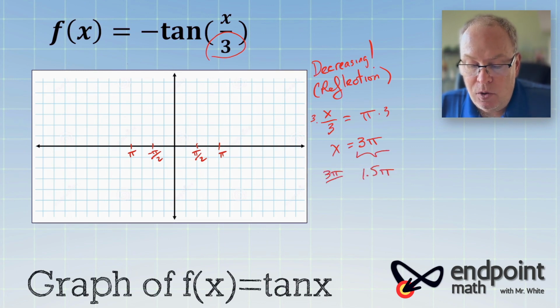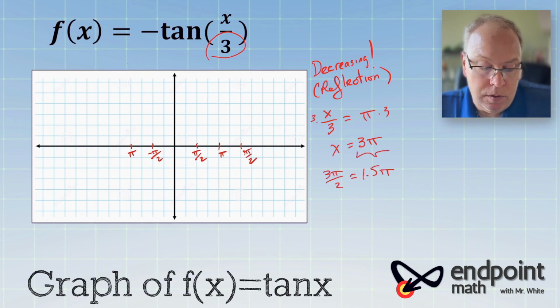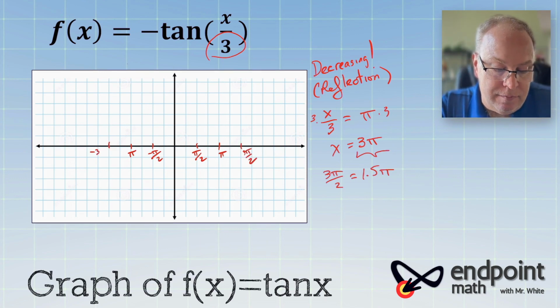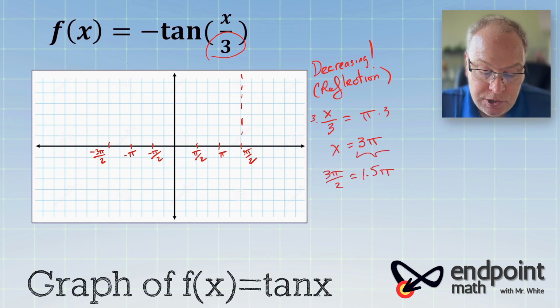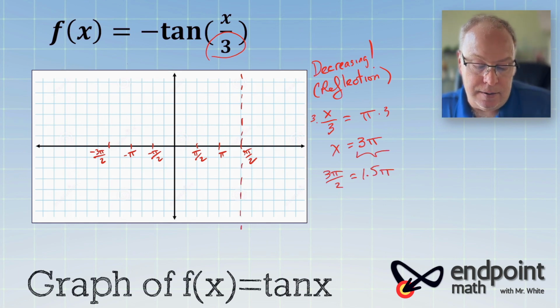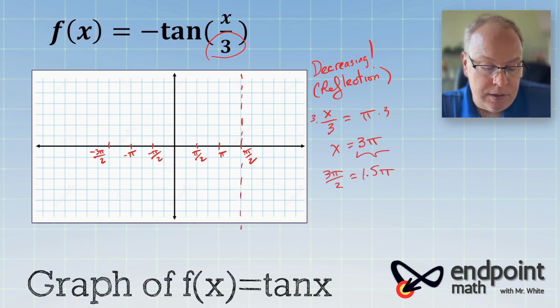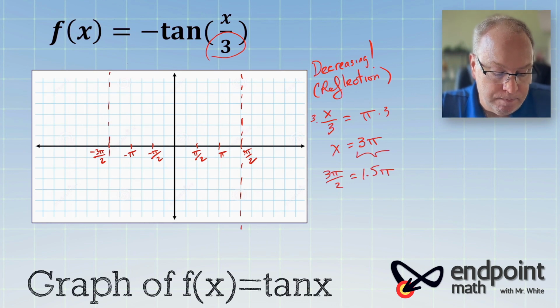That's 3 pi over 2. Uh-oh, so I have to go further. Okay, so here's 3 pi over 2. And over here is negative 3 pi over 2. I have to put my negative sign there. So this thing truly is slow as heck here. All right, and then slow as heck over here.